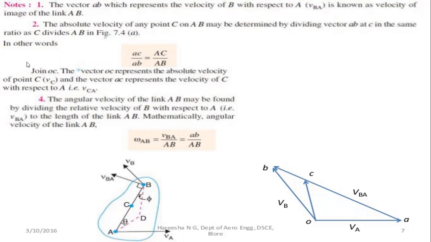In other words, we can take it as AC by AB equal to AC by AB, which gives the absolute velocity and vector points.